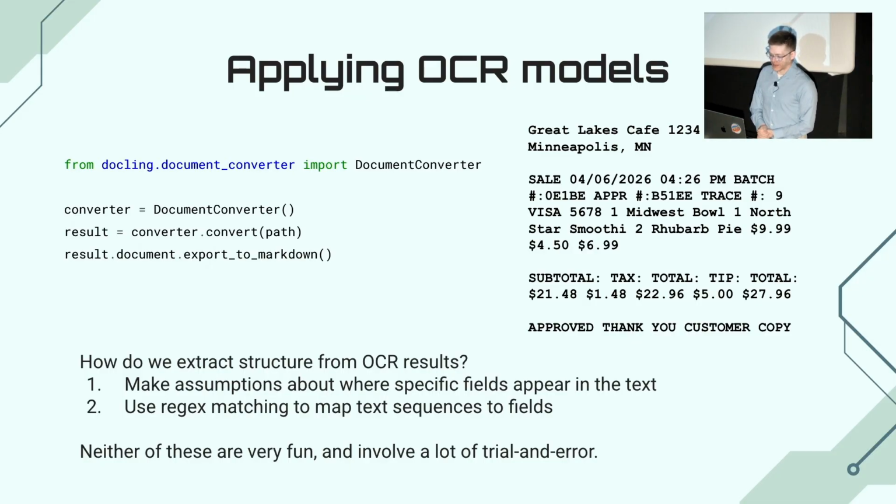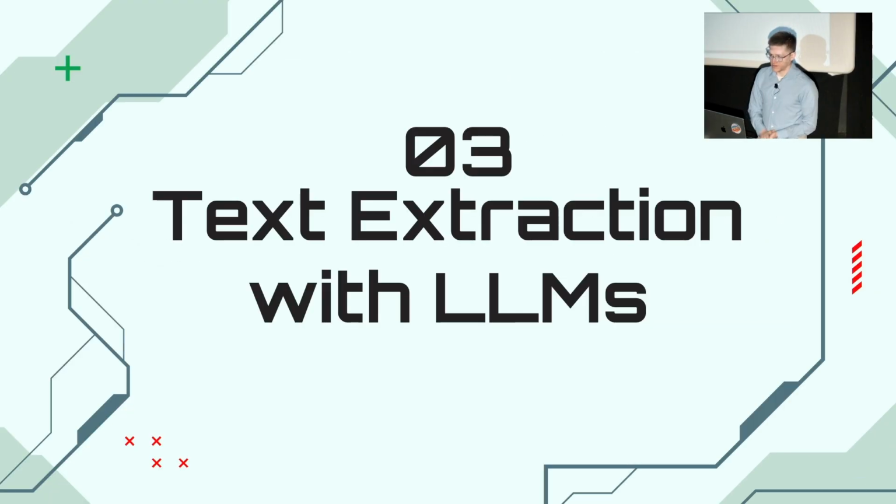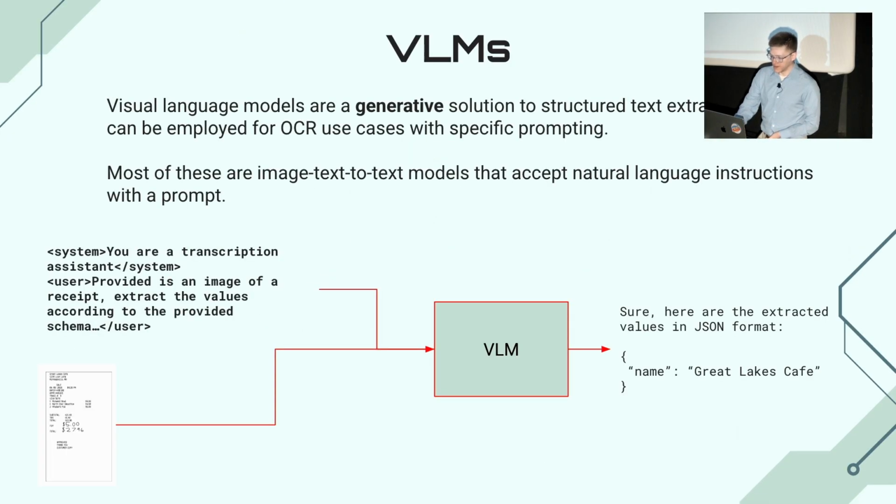But in other use cases, it could be the other way around, so you have to handle both cases. It makes things really complicated and involves a lot of trial and error when developing these systems. So I think that's part of the reason why people are starting to go towards the LLM route with text extraction. Now we'll talk a little bit about the LLM side of things, which is the more current way of doing this.